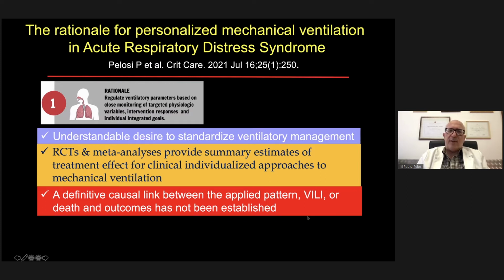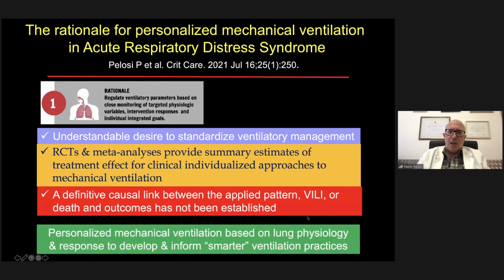However, definitive causal links between the applied pattern, VILI, or death and outcomes have not been clearly established yet. So it's very important to develop recommendations for personalized mechanical ventilation based on lung physiology and response, to inform smarter ventilation practice.